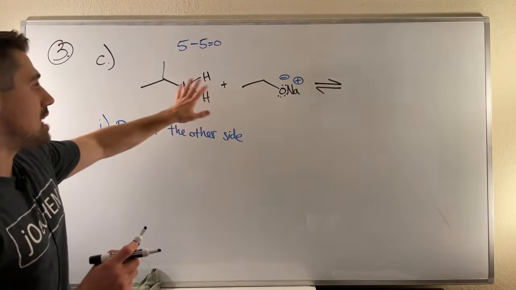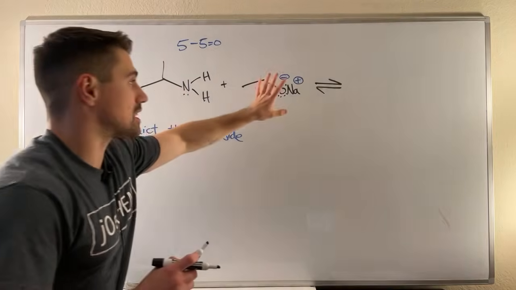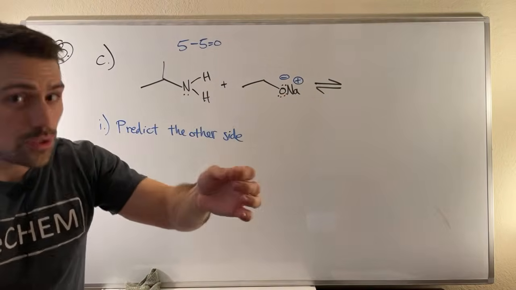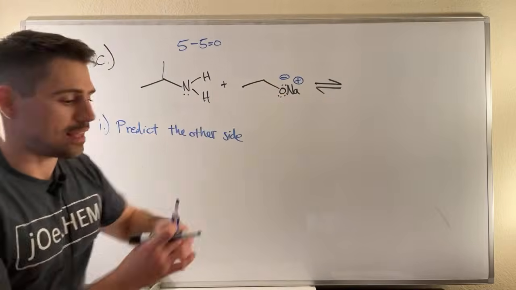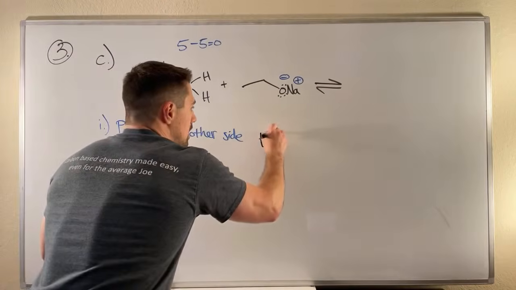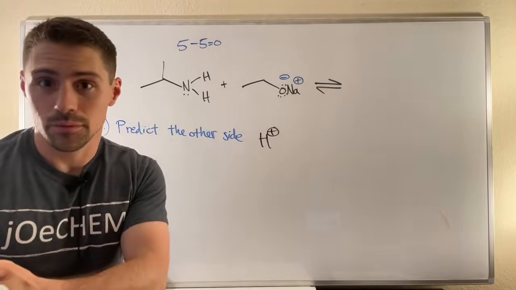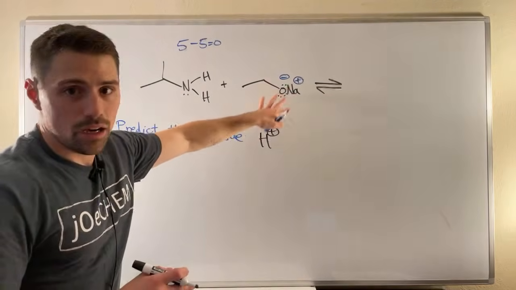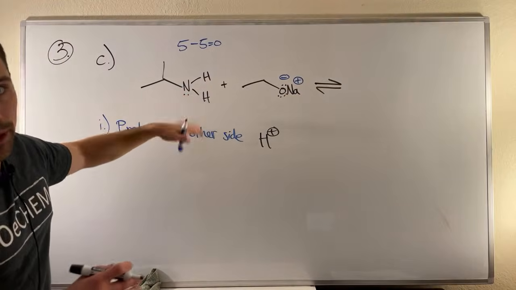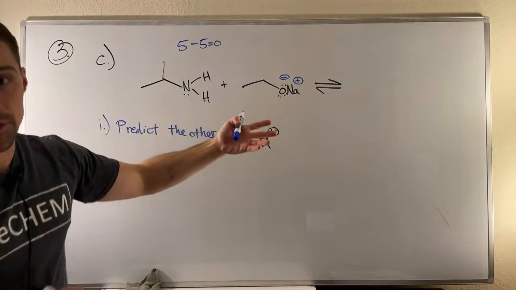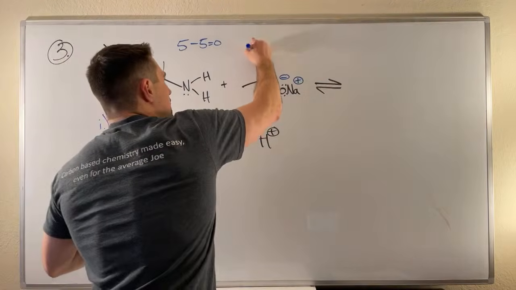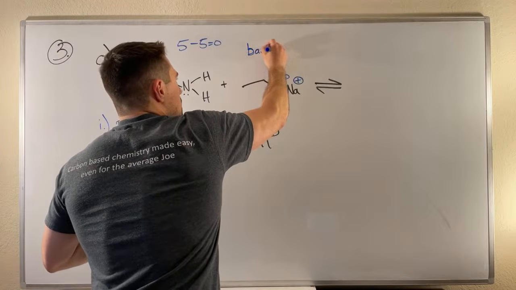We have something that is an H+ donator and an H+ acceptor. The way I was able to deduce that is that H+ acceptors like H+. If something likes a proton, it is going to be negative, right? So this is the negative part of the equation. It's neutral, but it will be the source of H+. So this is going to be our base, and this will be our acid.